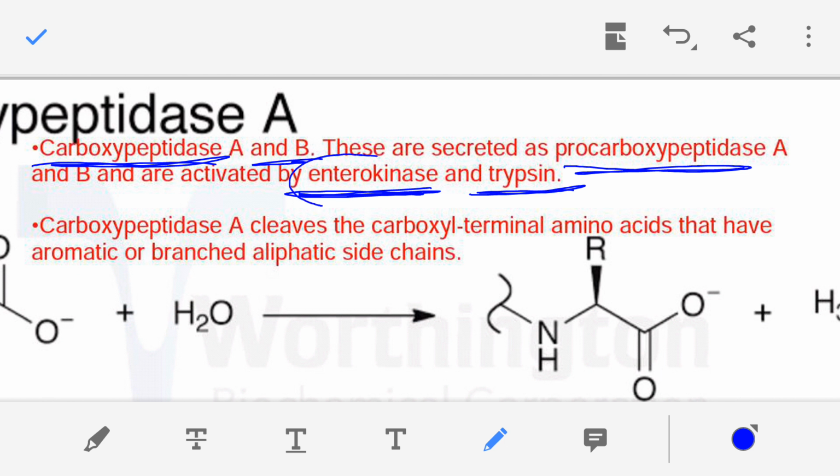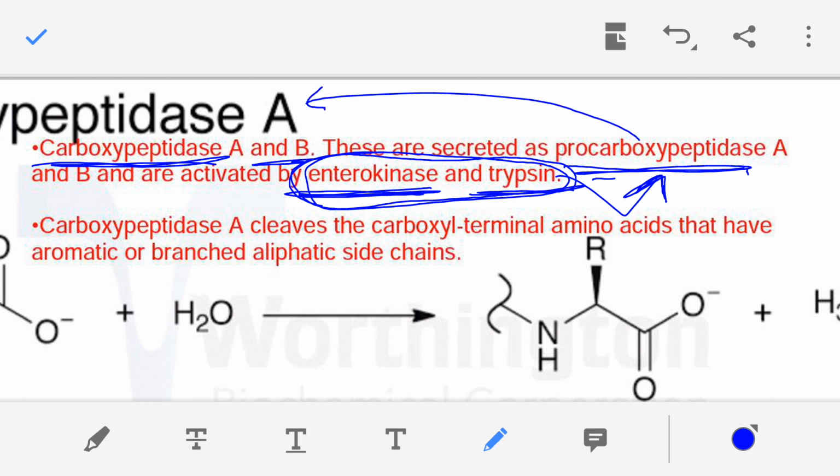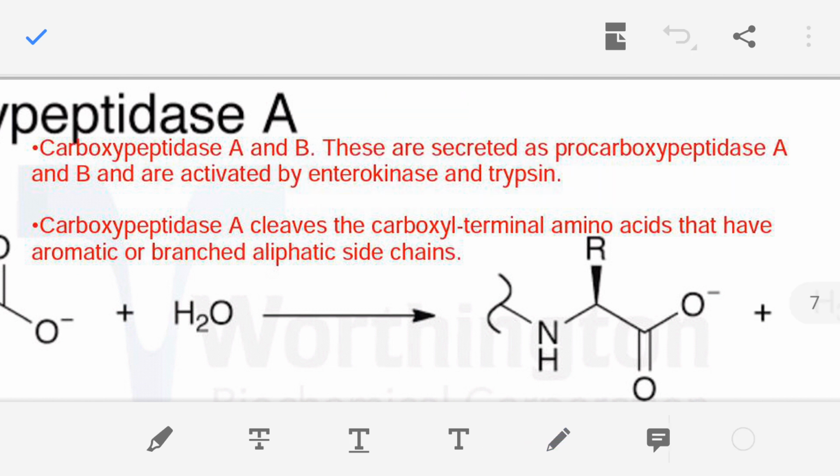Enterokinase and trypsin act upon inactive procarboxypeptidase A and B, and these are converted into active carboxypeptidase A and B by the trypsin and enterokinase enzymes.